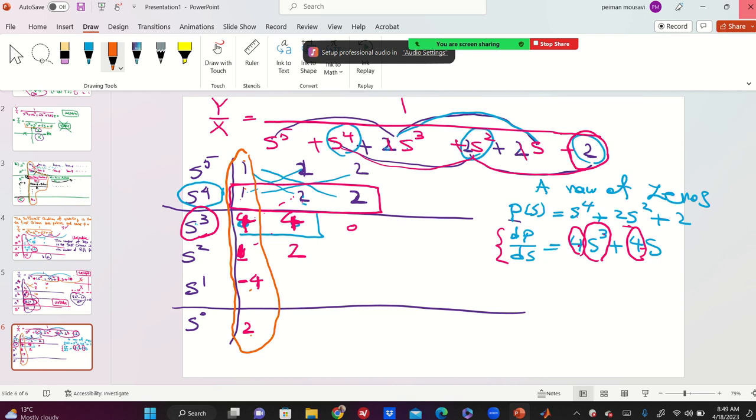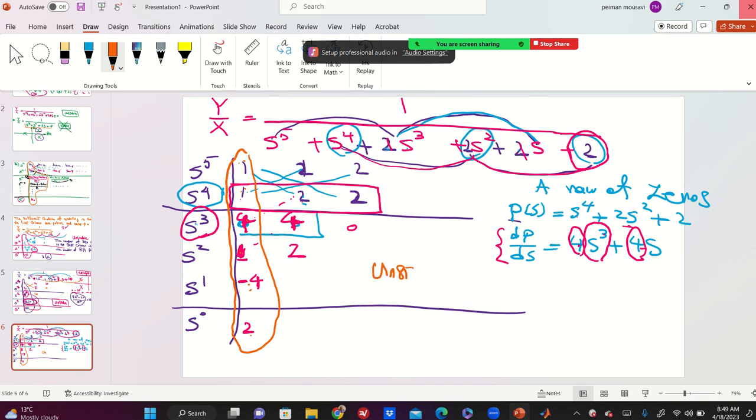Guys? Just look at the numbers from kindergarten. 1, 1, 4, 1, minus 4, 2. All of them are positive? Okay, so means your system is?